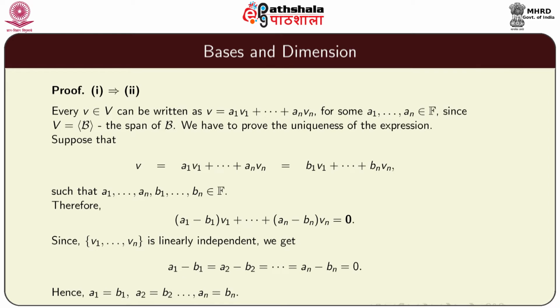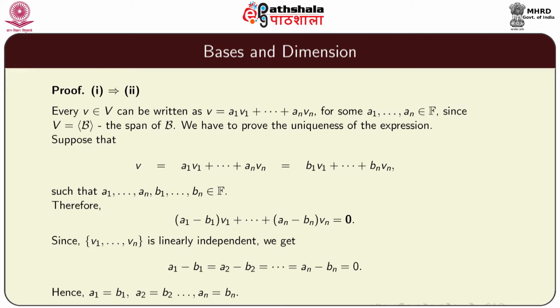So, let us rewrite. v equals a1 v1 and so on up to an vn equals b1 v1 and so on up to bn vn, and we rearrange, which gives rise to (a1 minus b1) into v1 and so on up to (an minus bn) into vn, and that is equal to the 0 vector. But v1, v2, ..., vn is exactly the set B, and it is linearly independent.